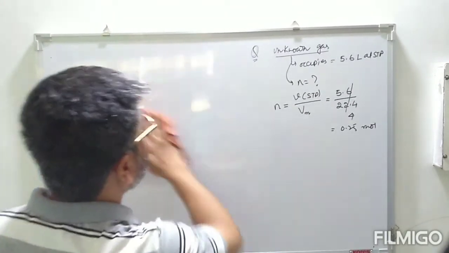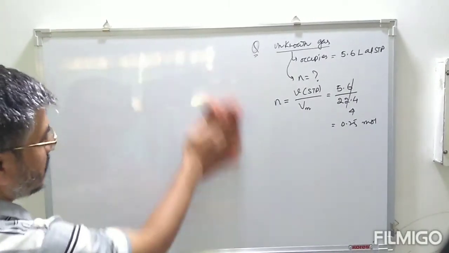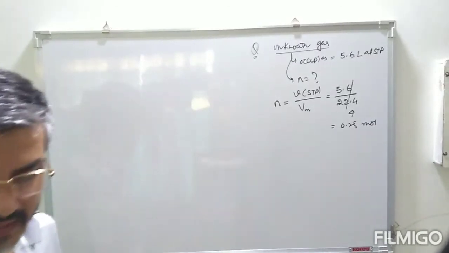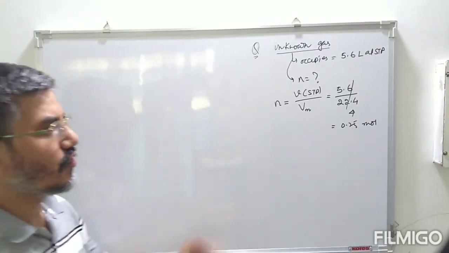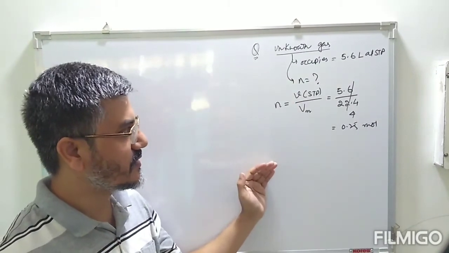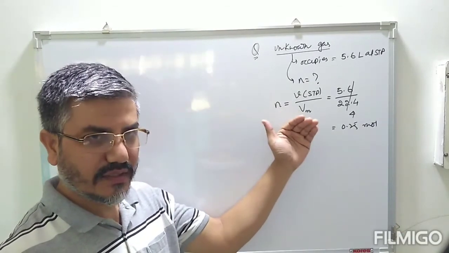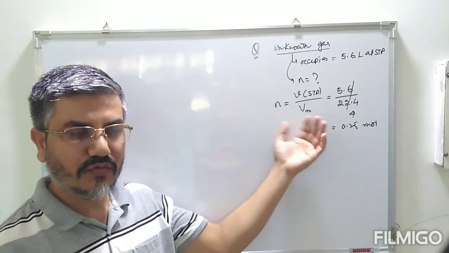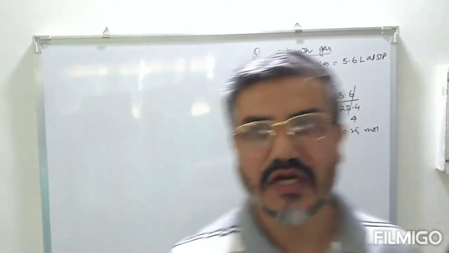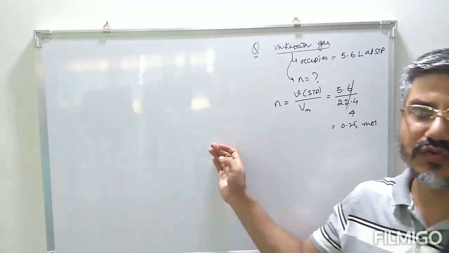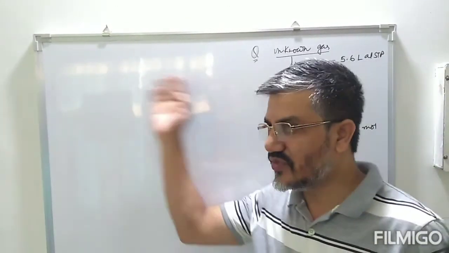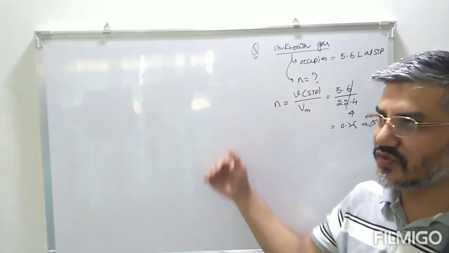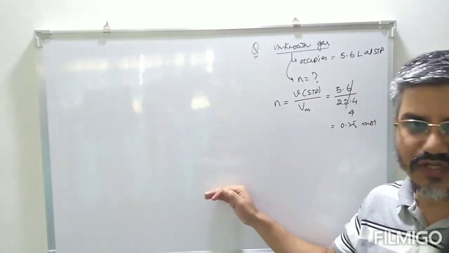So this is how we use the concept of mole and how to define the term mole. Hopefully, from this brief discussion we can easily say how volume can be related to number of moles, how mass can be related to number of moles, how number of particles can be related to number of moles, and their interconversion, and by use of moles how we can derive other quantities.